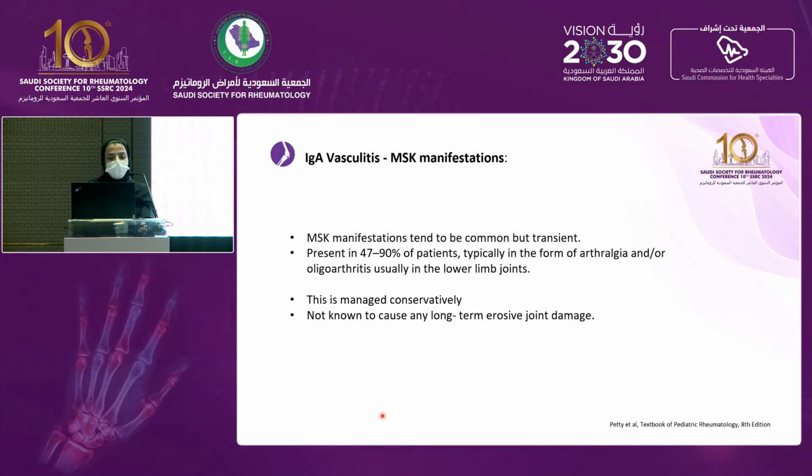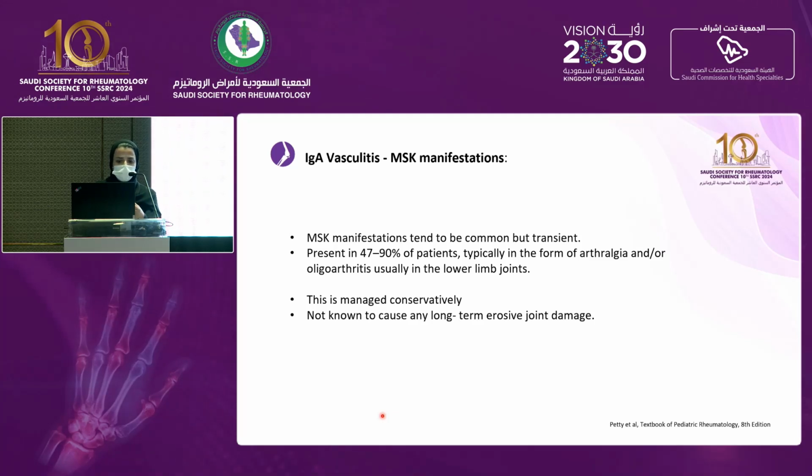So for MSK manifestations, as we know, usually it is transient, and it is the second most common manifestation in IgA vasculitis. It's present in around 40 to 90% of patients. Usually they will present with arthralgia and can present with oligoarthritis, usually affecting the lower limbs. Usually this is managed conservatively. However, some patients can present with severe manifestations.